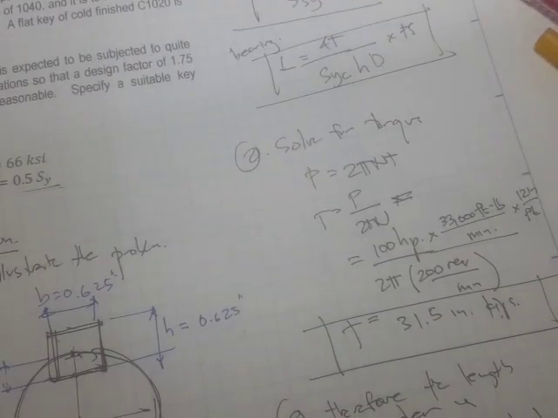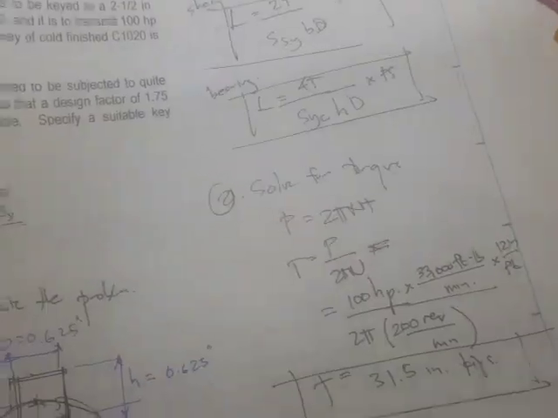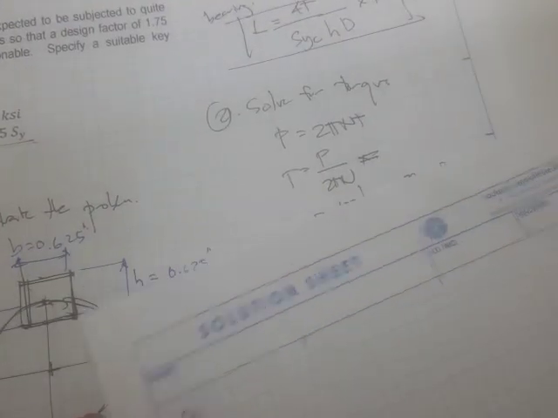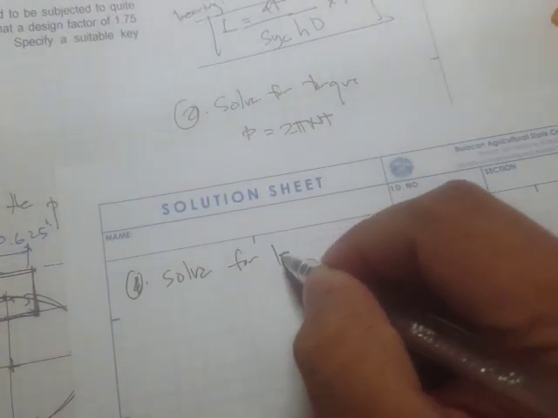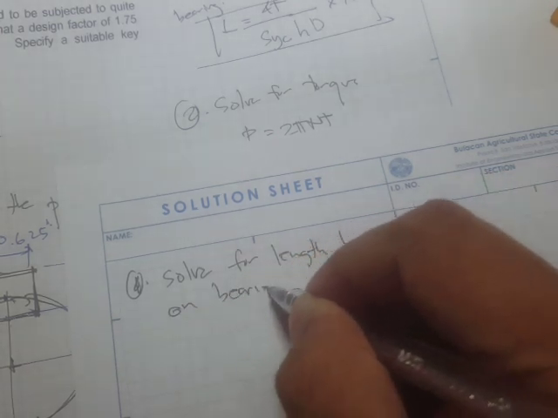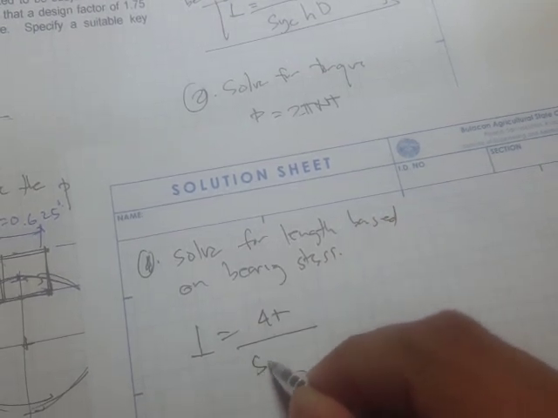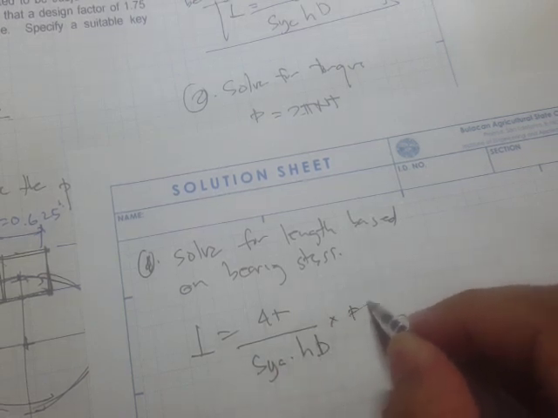Okay, the next step is to solve for length based on bearing stress. So L is equal to 4T over S, the yield strength in compression, times the height times d times the factor of safety.